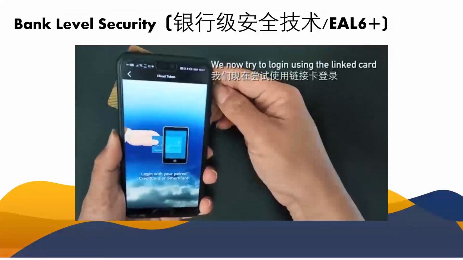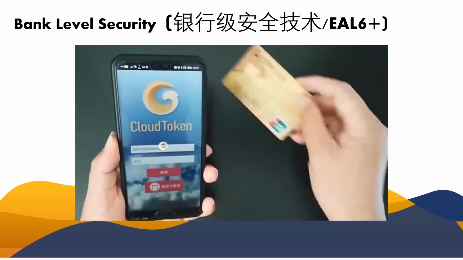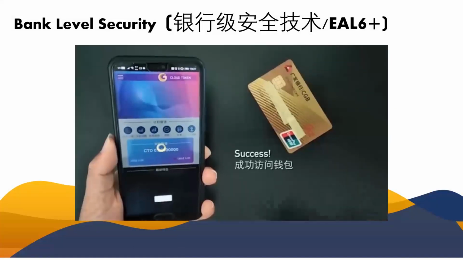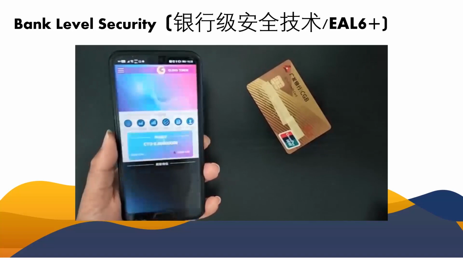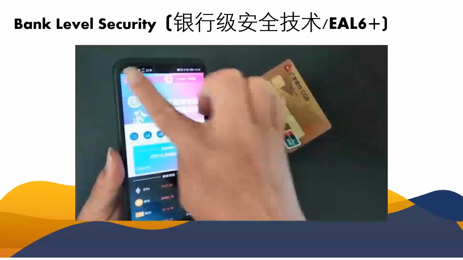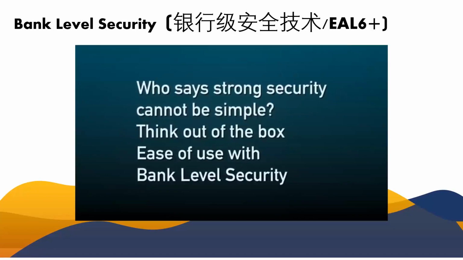And now what we're doing is we're pulling out the randomizer again. And there you go. You can just log in using your card. We will be distributing cards during May 12th.